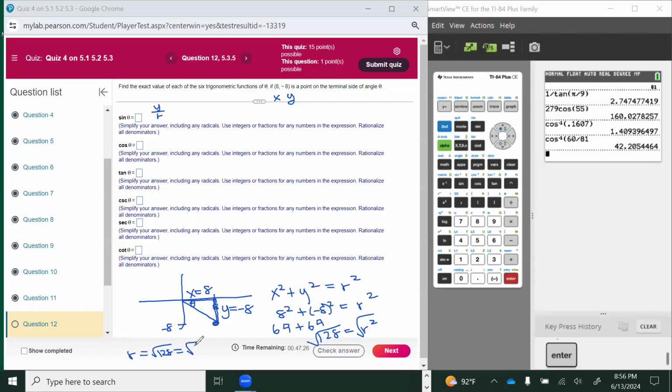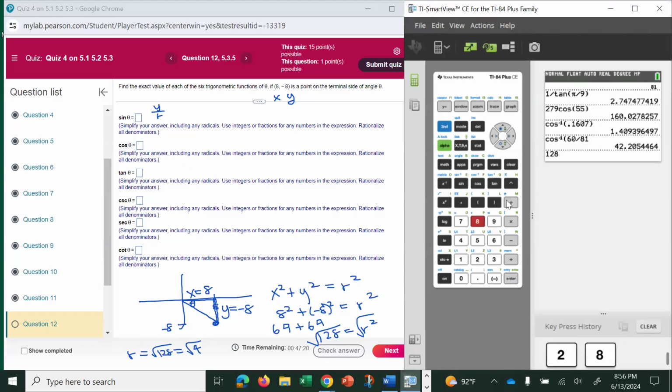I think we can split that up into square root of 4 and something else. Let's see here, 128 divided by 4 is 32. So actually we can divide out a 16. Let's divide the highest perfect square possible.